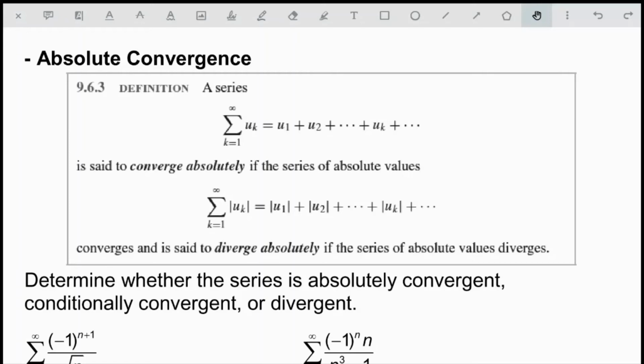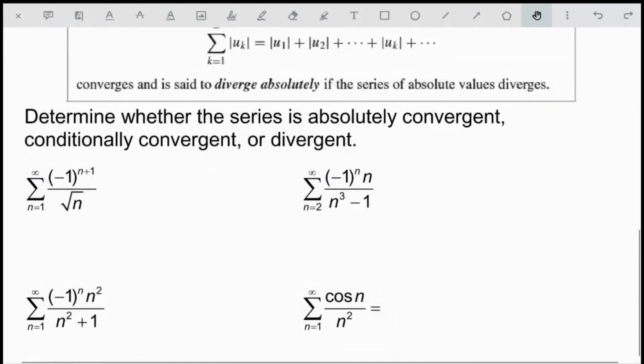We're going to use it to get the interval of convergence for a series. So the idea is with a ratio test, I can show absolute convergence. With a root test, I can show absolute convergence. And then I also have this test that I can use kind of independently of that. It says determine whether the series is absolutely convergent, conditionally convergent, or divergent. So I'm going to explain what that means.